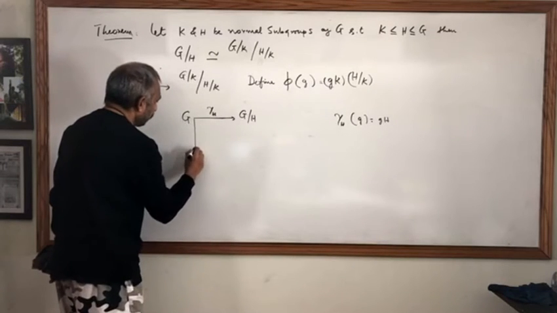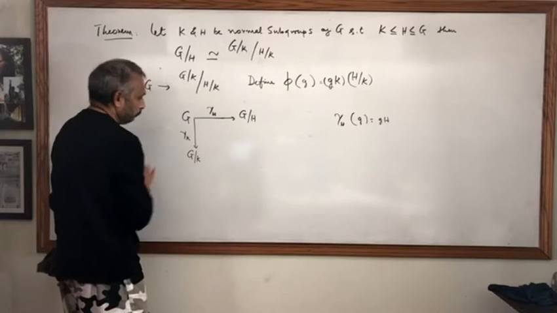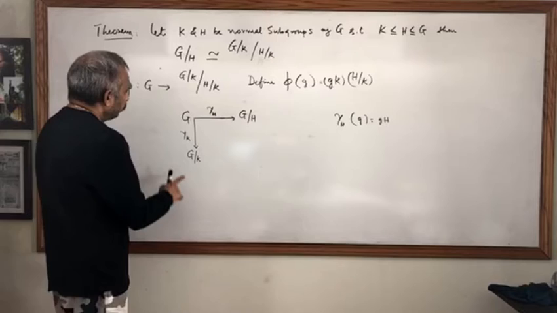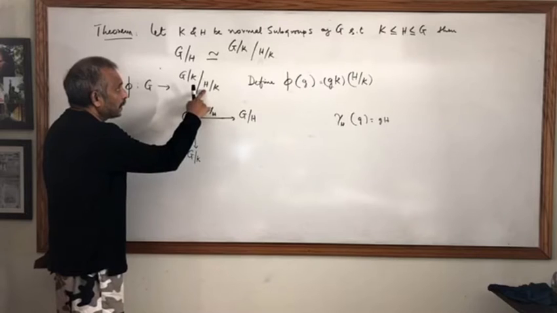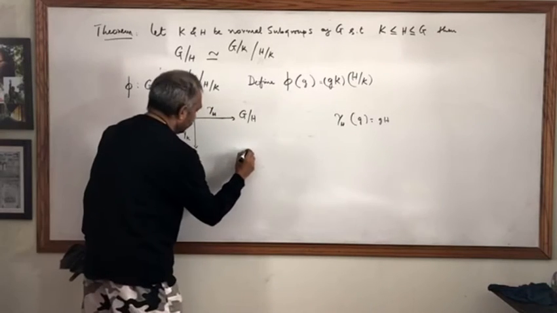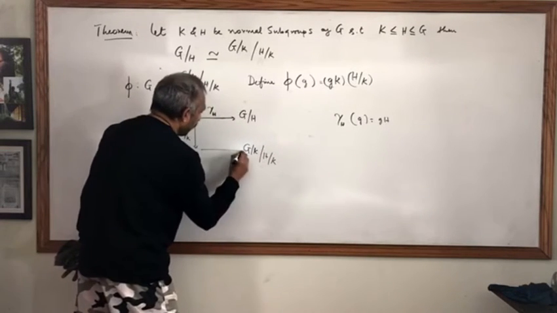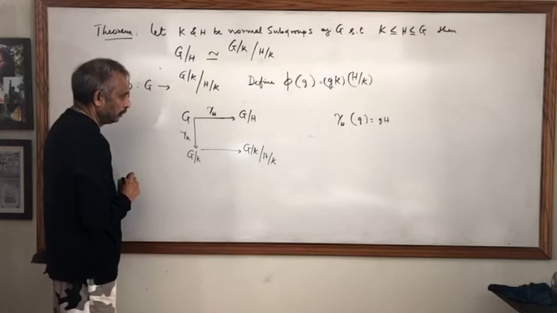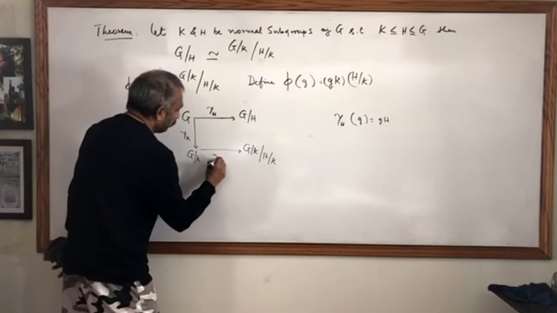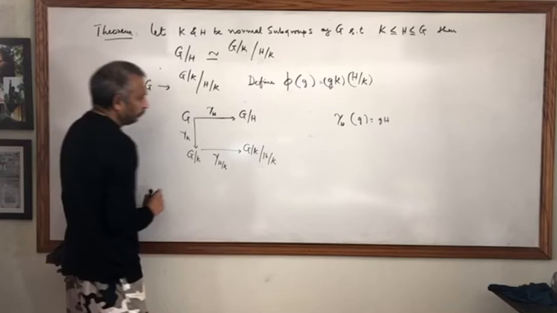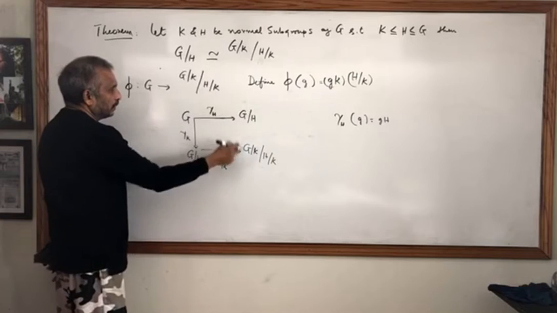Similarly, we have another map from G to G over K. Now let us take a normal subgroup of this, which is H over K. So for G over K over H over K, we can define another canonical homomorphism gamma of H over K. Then these two are isomorphic, and that's what the theorem says.